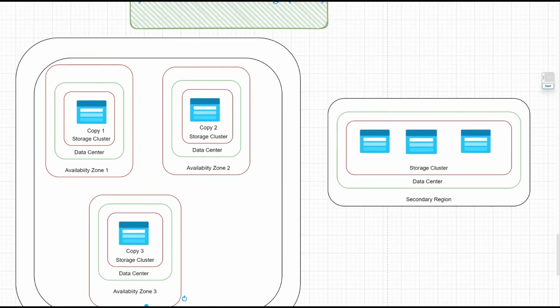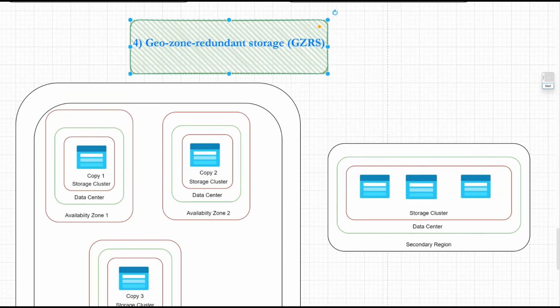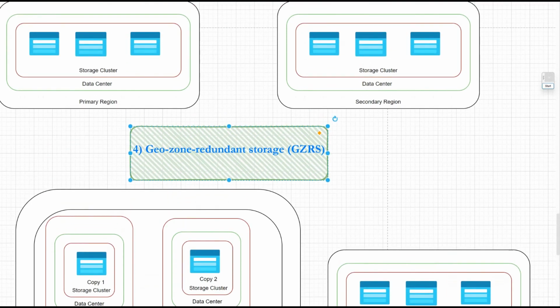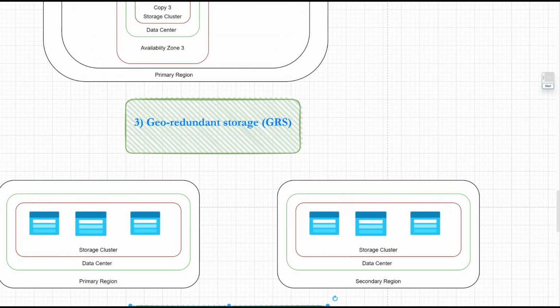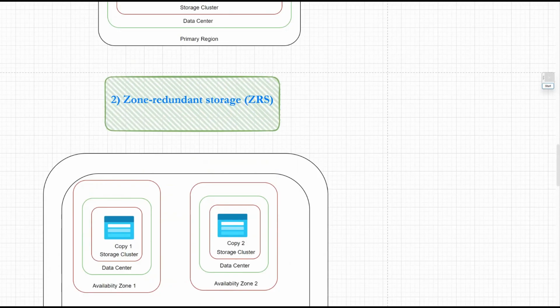So I can say that GZRS provides the maximum protection to your data from all disasters, but it is not cost efficient. It requires a lot of cost. So it completely depends on your project requirement and the budget which is available and allowed to use. So this is how these four redundancy storage services function.